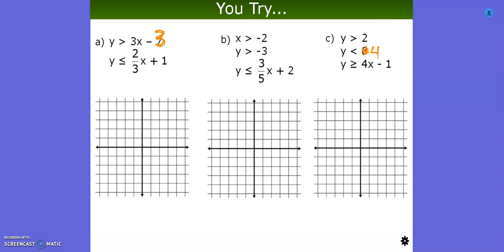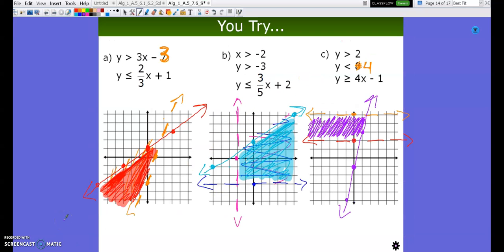All the rest will be visible on your graph, so go ahead and take a moment, pause the video, graph them, and then check, see how you did. If you went ahead and modified your inequalities like I have, your graph should look very similar to mine. So for A, we've got a dashed orange line, we've got a solid red line, and then we've got shading in between that red and orange line at the bottom of our graph.